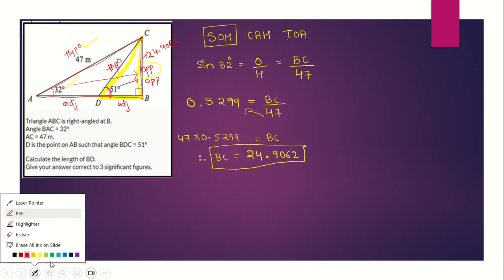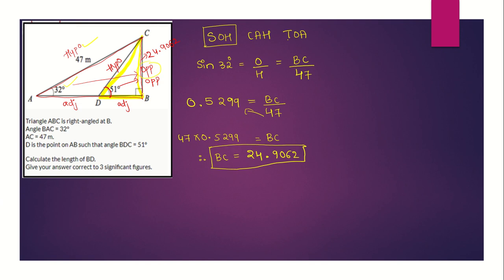So considering this, now we'll find out the value of BD. So again, what are we going to consider? Hypotenuse is not known to us, so we can skip that. What is known? We know the angle theta and we know the opposite. We want the adjacent. So we'll look for the formula where we have opposite and adjacent. So you can see opposite and adjacent can be found in tan of the angle theta. So we can do it accordingly.